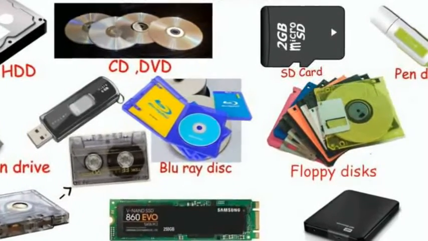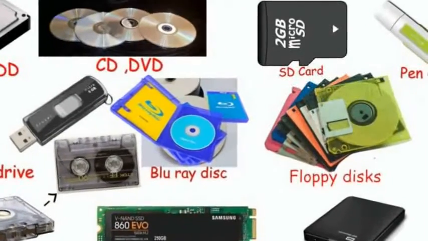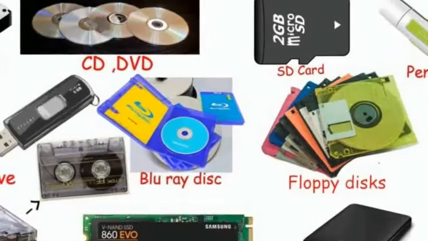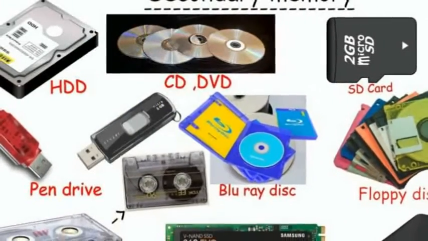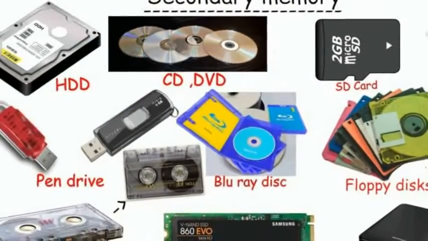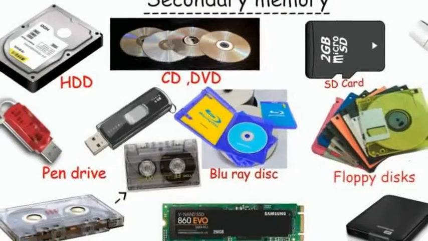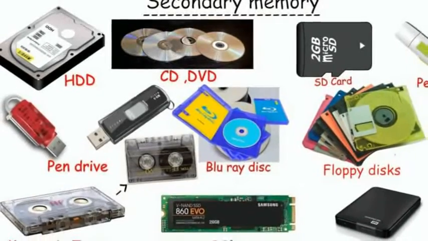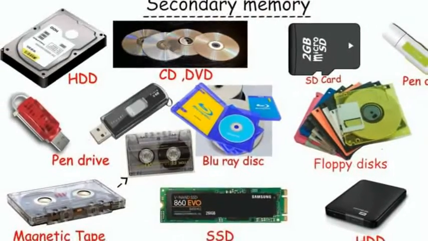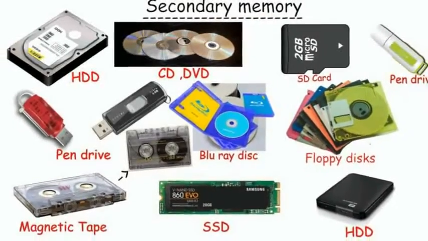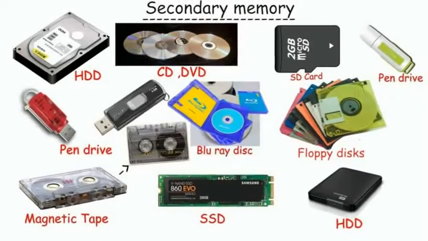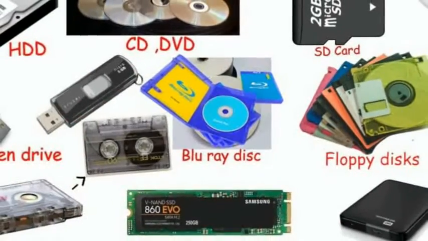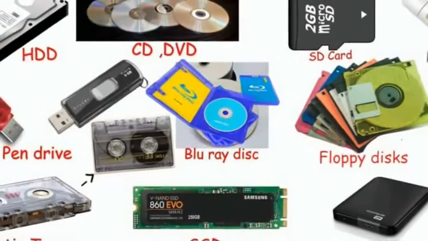So here we conclude your chapter. Today we learned about the memory of computer and the different types of memory. First we learned about the units of memory. Then memory is divided into two types: primary and secondary. Under primary we learned about RAM and ROM.